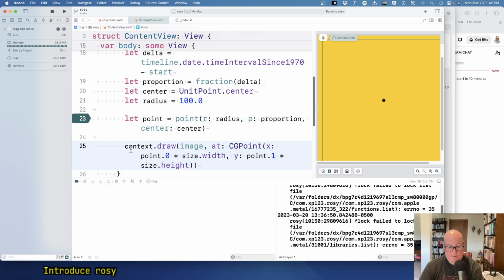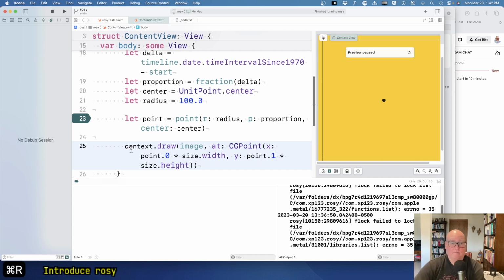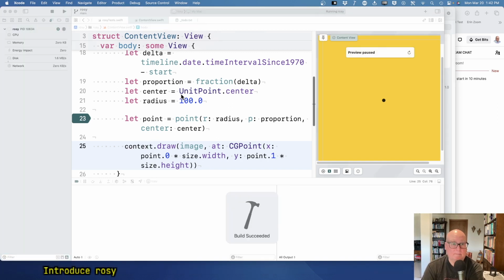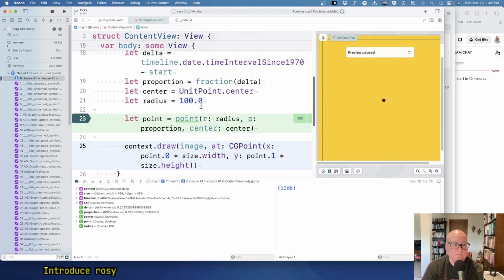Okay, let's break here. Oh, well, radius 100 is way off base, because this has to be in units of 0 to 1.